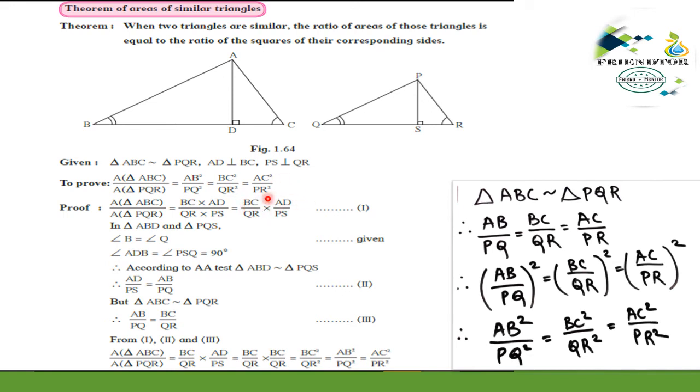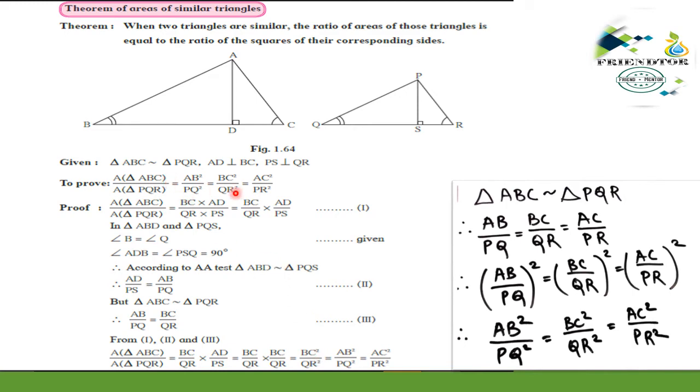For that we consider these two right angle triangles, and we get that AD upon PS is the same as AB upon PQ. Now AB upon PQ is the same as BC upon QR, since those triangles are similar. So we got that AD upon PS is the same as BC upon QR. Hence replacing it by BC upon QR, we get that the ratio of areas of those triangles is BC square upon QR square. Simple.